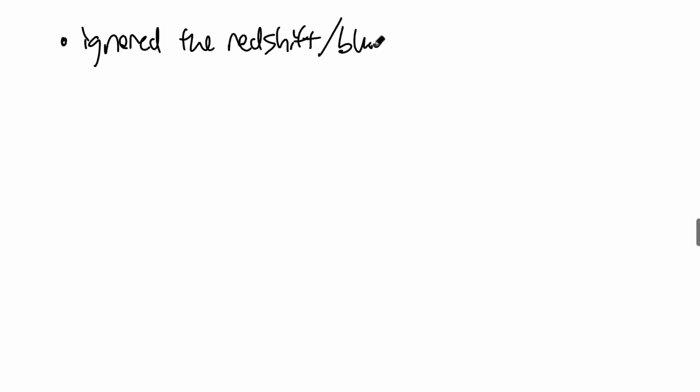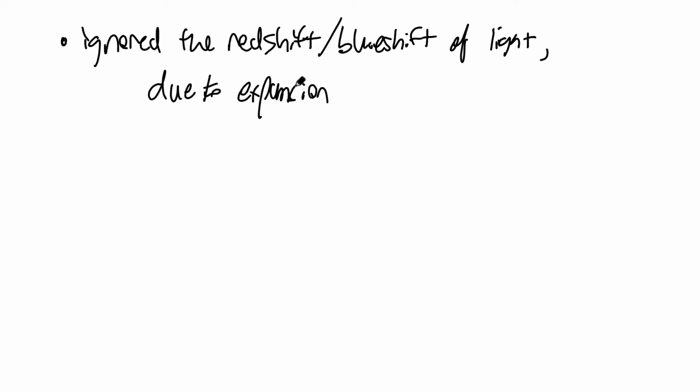So we ignored the redshift and blueshift of the light that's caused by the expansion and contraction of space. And we know that the expansion and contraction of space has this effect on light from our studies of cosmology. Recall that the expansion of the universe causes the cosmological redshift.